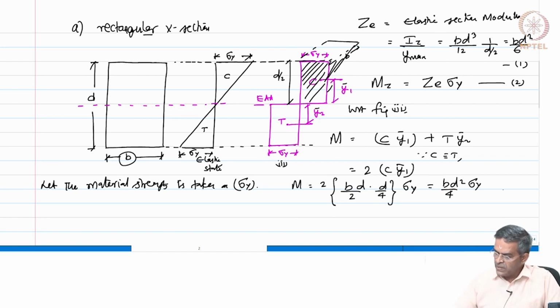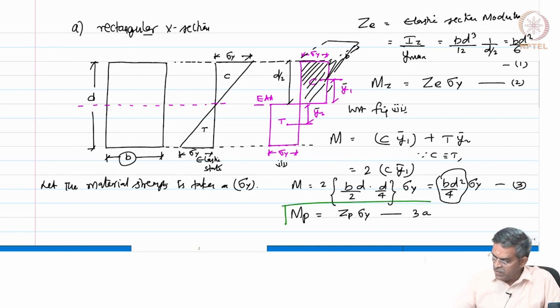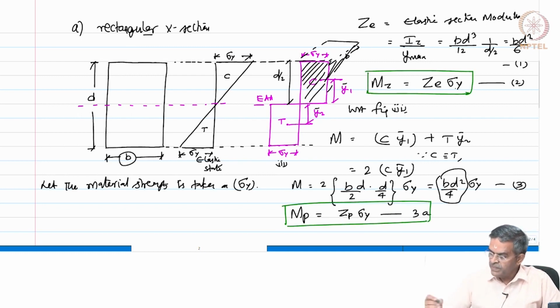If I call this equation number 3, I replace this M as Mp and I will term this as Zp into sigma y. This is only to keep the similarity of this equation with that of this. Instead of keeping BD etc., I want to keep it like this.